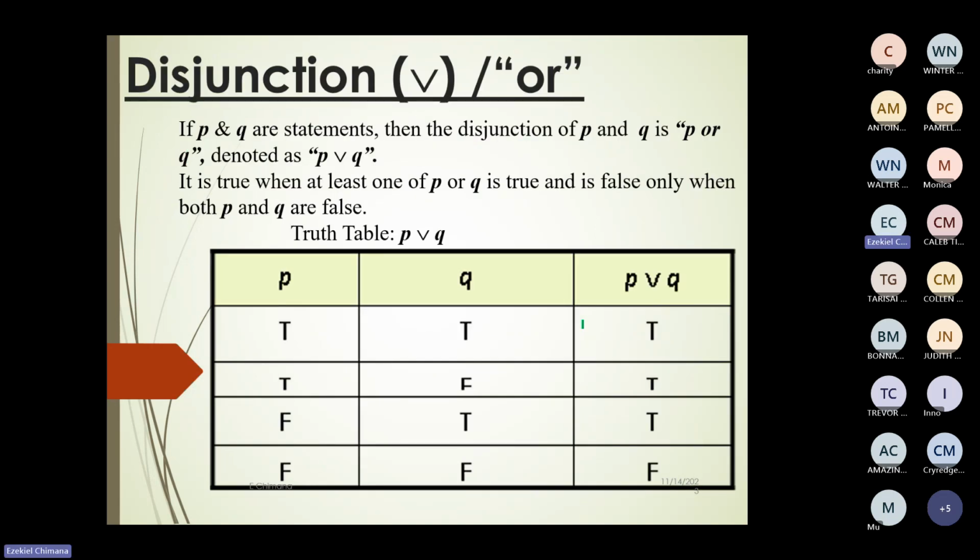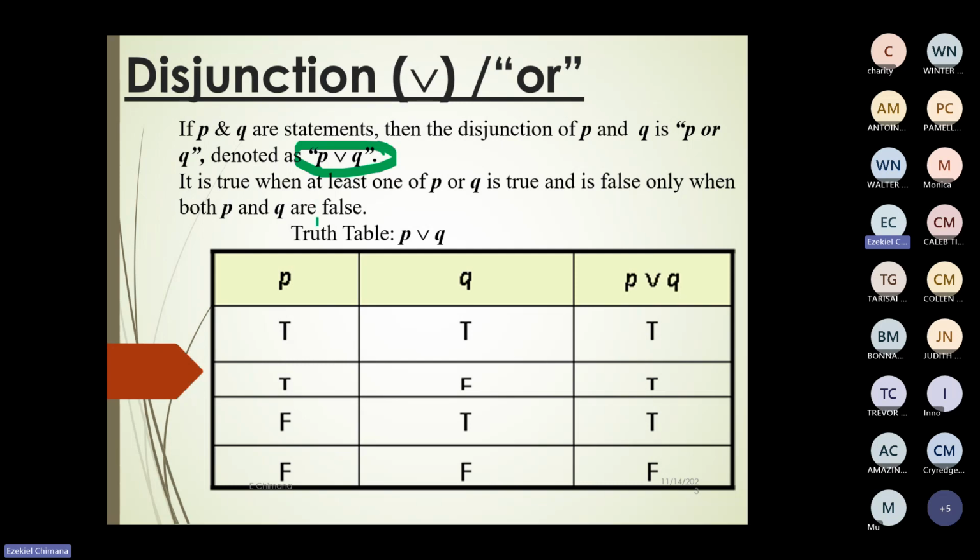Then let's look at the disjunction, or. So if P and Q are statements, then the disjunction of P and Q is P or Q, denoted as this one.